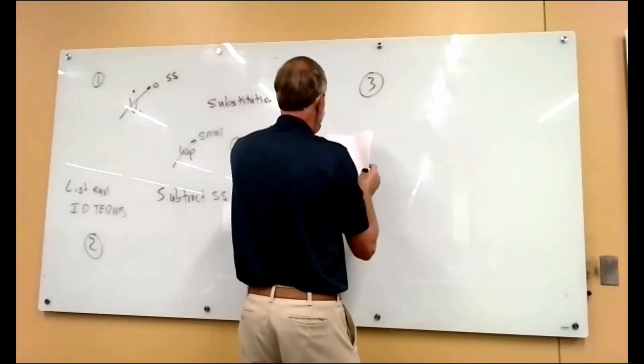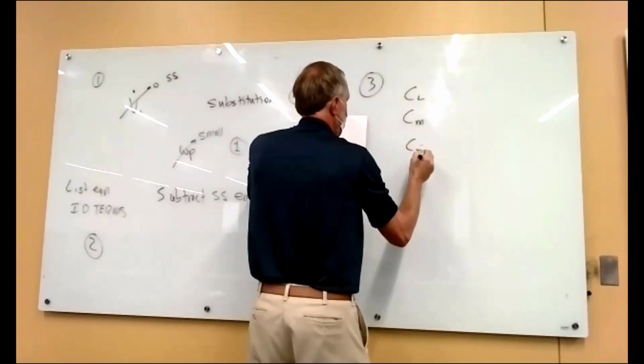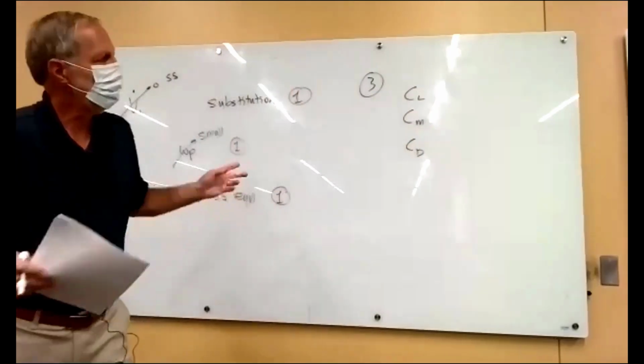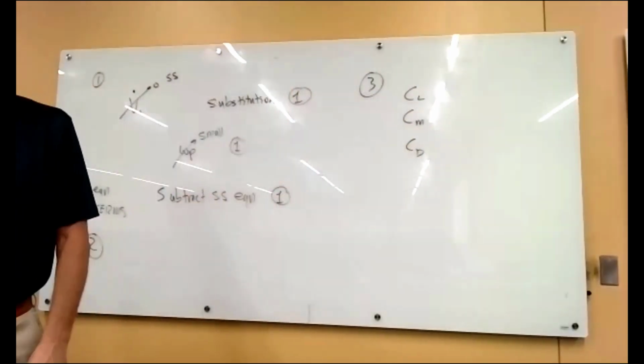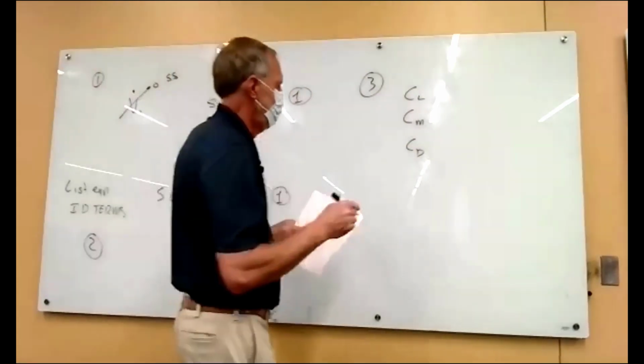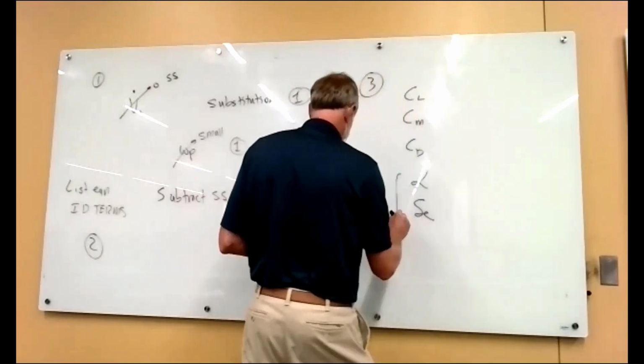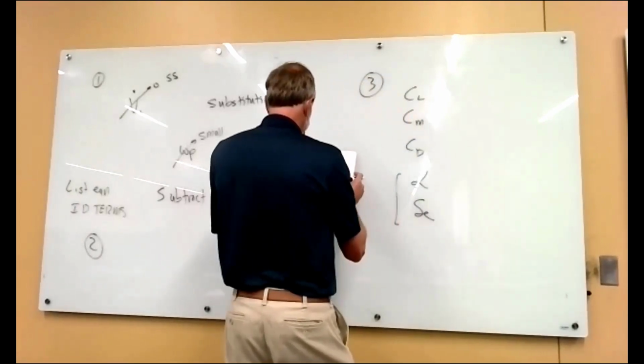The cruise condition, we have an equation for CL, an equation for CM, an equation for CD. You look up the numbers that go into those equations. And then we solved for alpha, an elevator. So let's see, which solution is this?